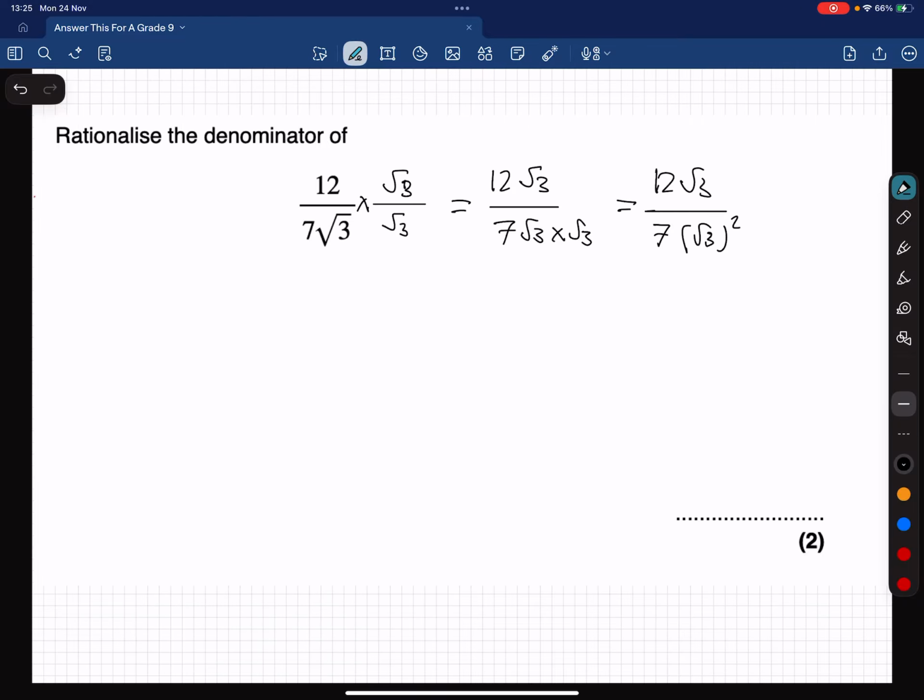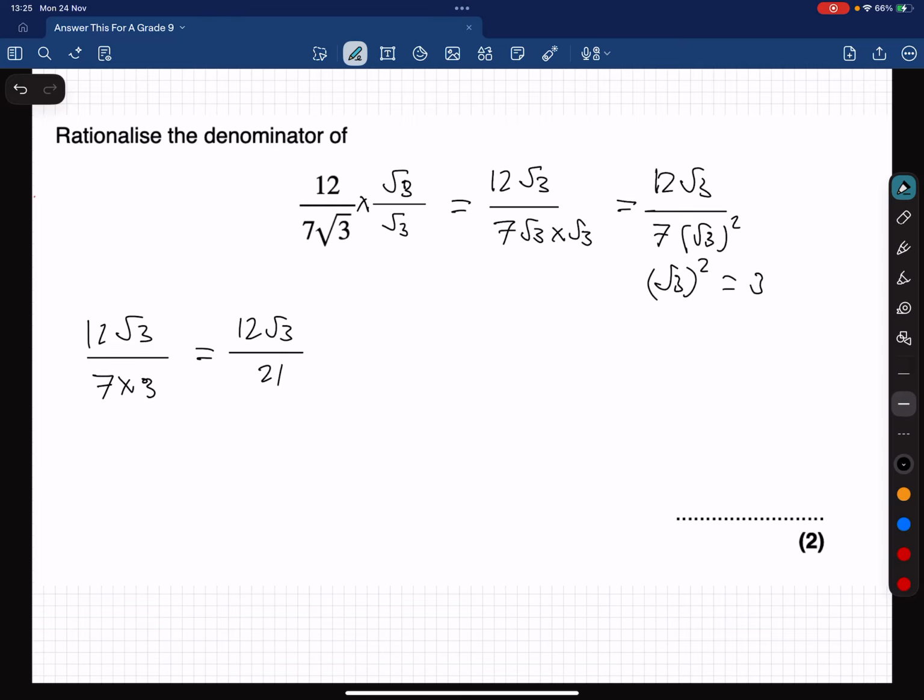Again, similar to the last one, root 3 squared is just equal to 3. So what we have here now is 12 root 3 over 7 times 3, so 12 root 3 over 21.